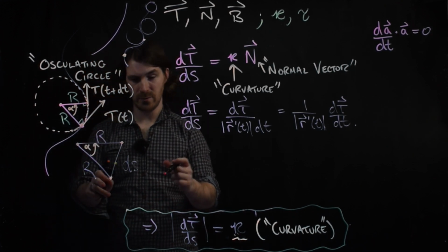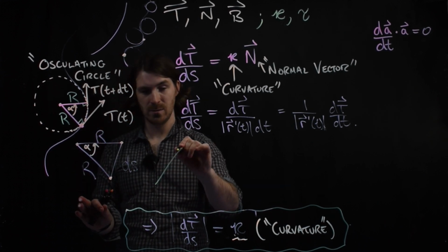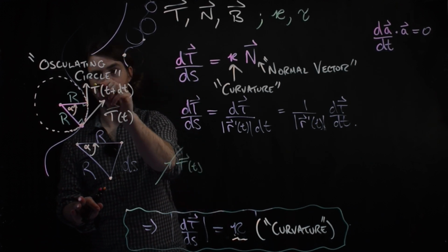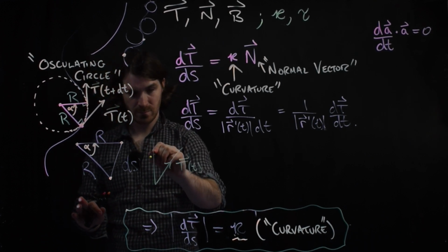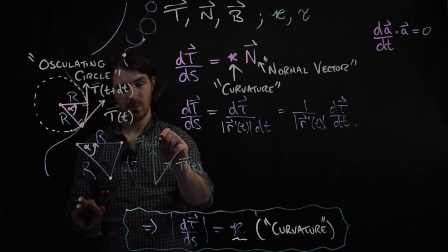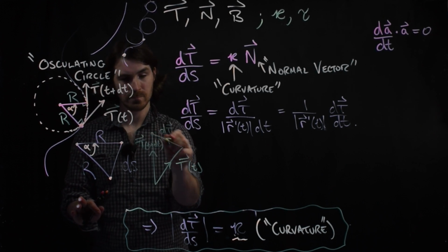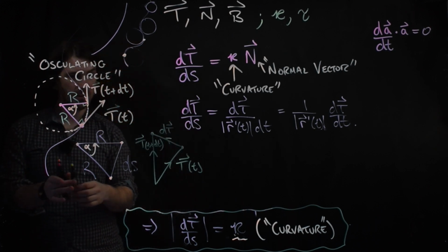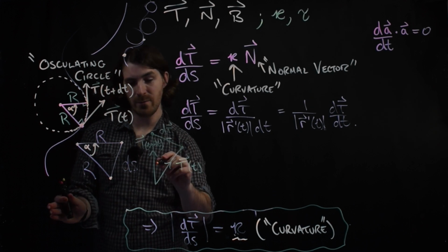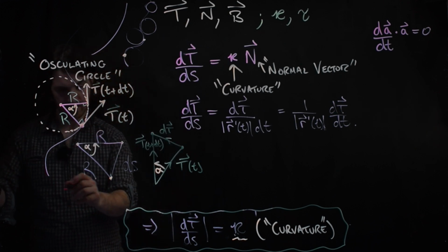Again, there's another triangle that involves the two tangents. So we've got this tangent T of t, it's a vector, and then this one T of t plus dt. So this guy here is dT. And it turns out that these are similar triangles, so this angle alpha is the same as this angle alpha. And to see they're similar triangles, let me draw it bigger.